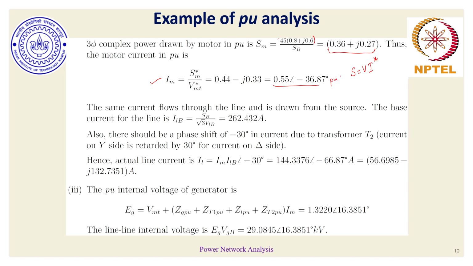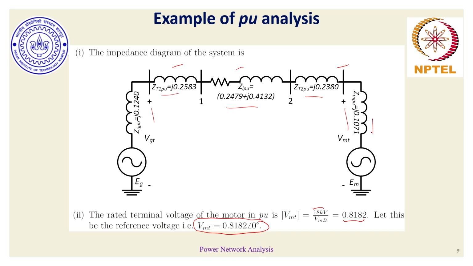Once we know this current, which is Im as evaluated in the next slide, then this current has only one possible path. That possibility is through this transformer, through this transmission line, through this transformer, and the source of this current is the generator.